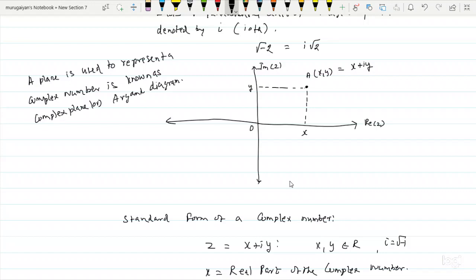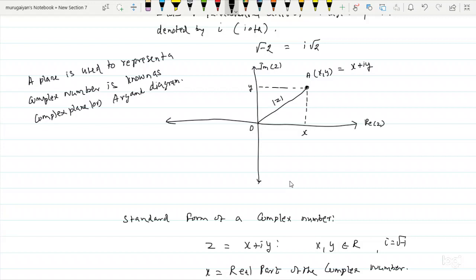Okay, so with the help of the Argand diagram or complex plane, if we connect the origin, the point of intersection of the real axis and imaginary axis, with the point A having the affix x plus iy, the distance OA is known as the magnitude of the complex number.